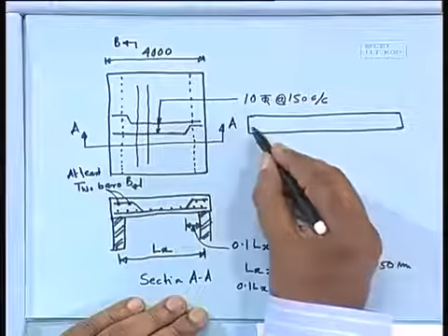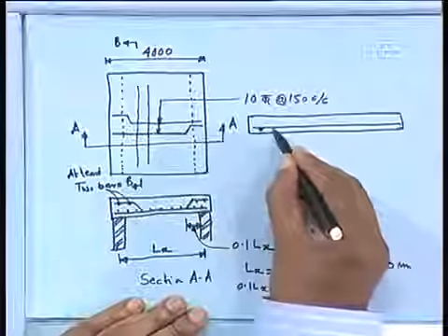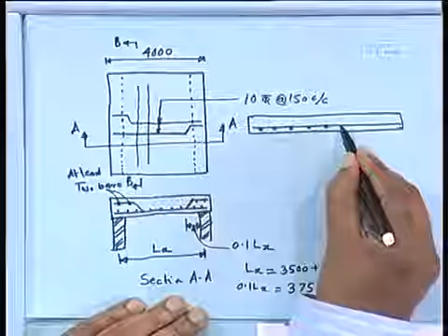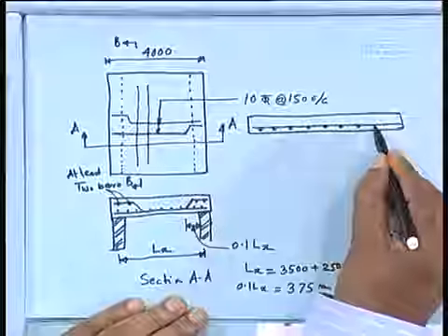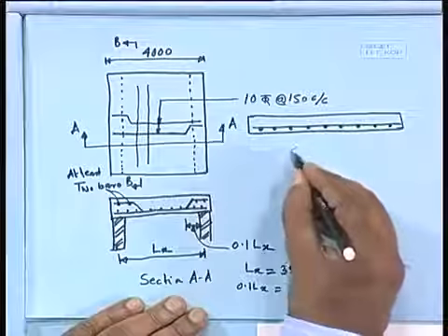And this is your bar. Please note the dots in 2 different sections. This is your section BB.